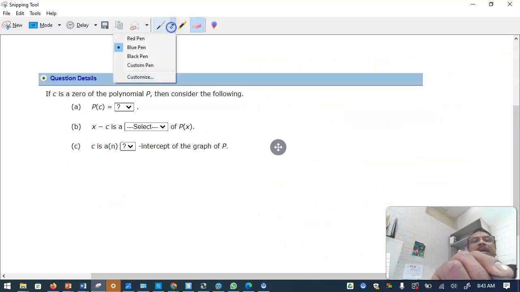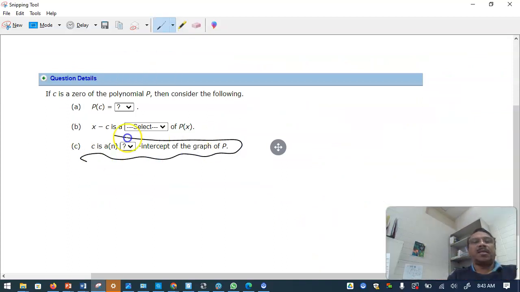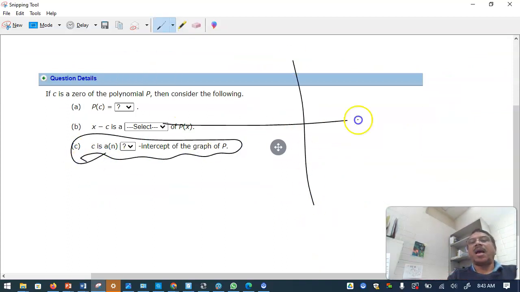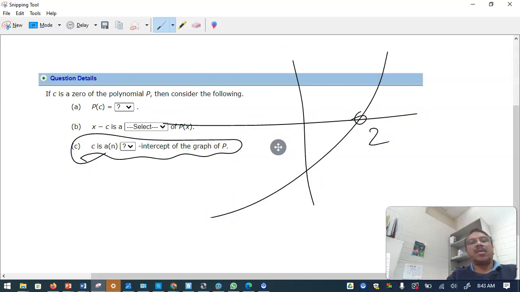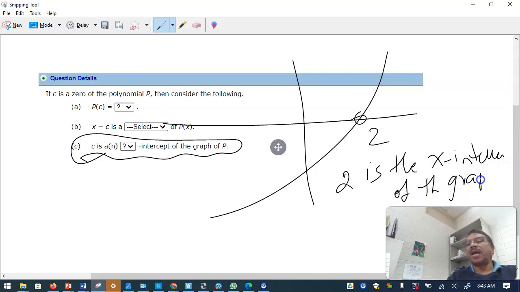This basically means that if the graph goes through the point 2, then 2 is the x-intercept of the graph. The graph crosses the x-axis, so that's also called the x-intercept of the graph.